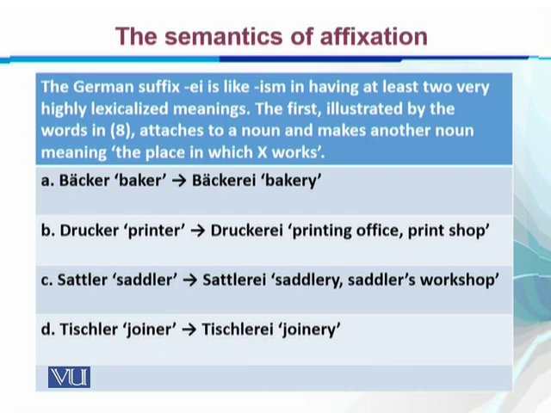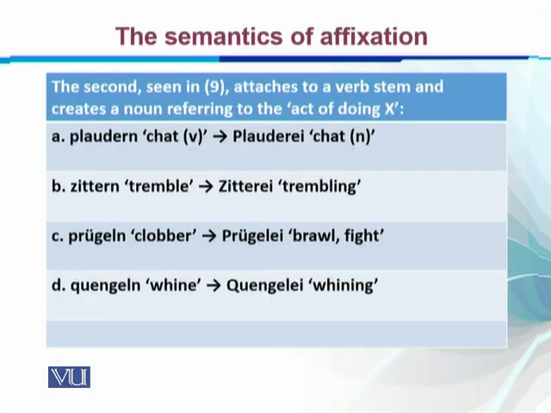Similarly, Drucker, printer, Druckerei, printing office or printing shop, Sattler, saddler, Sattlerei, and so on. So you can see that it has a lexicalized meaning. It has changed the meaning of the word to where X works.